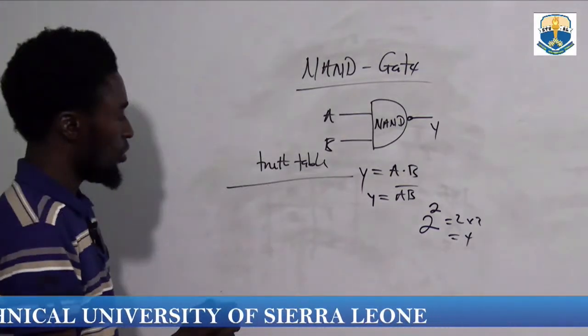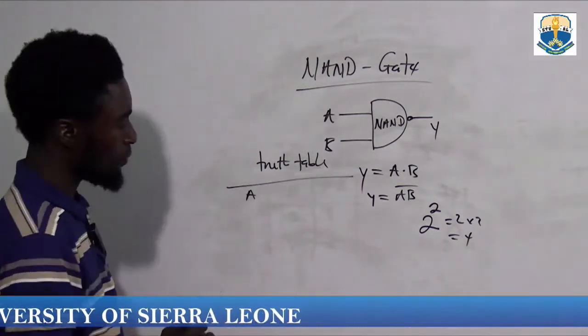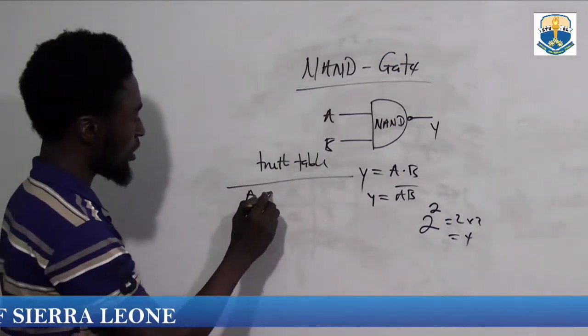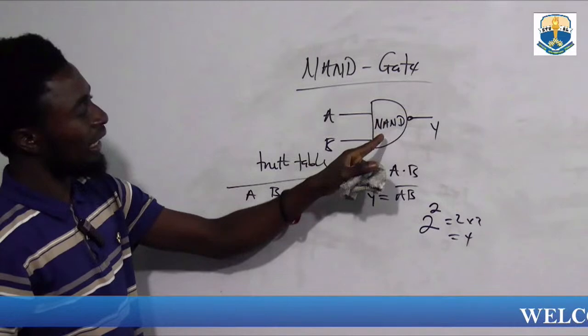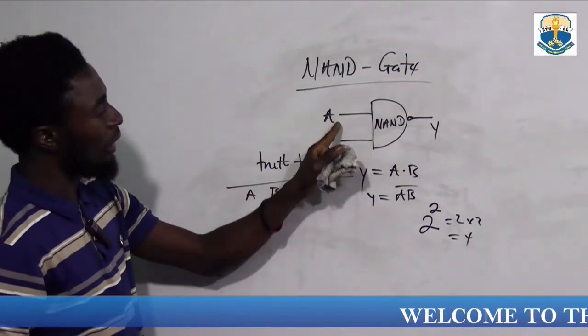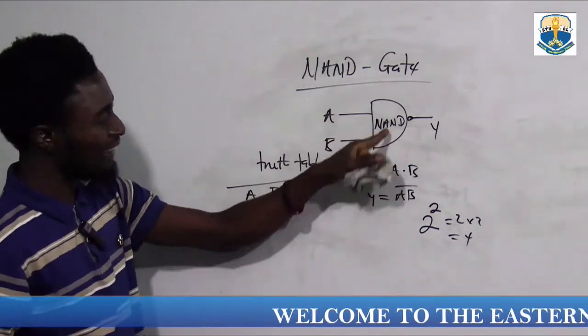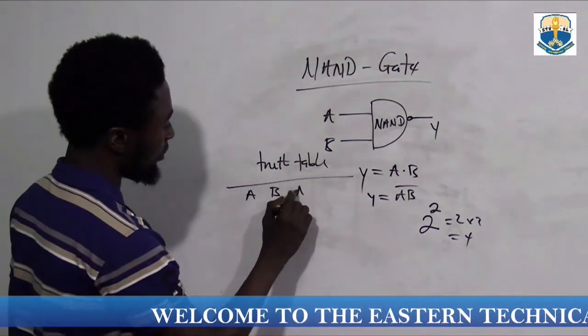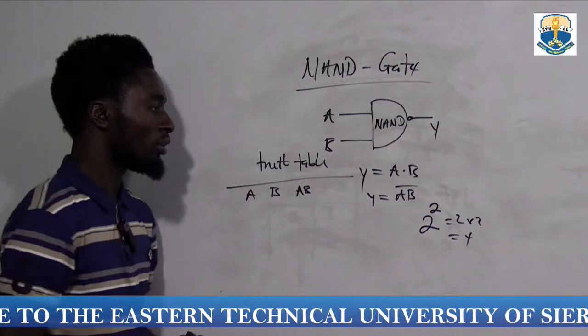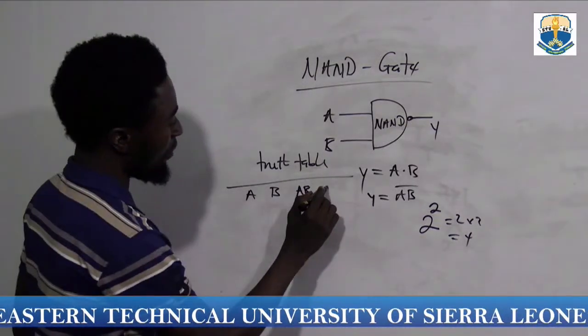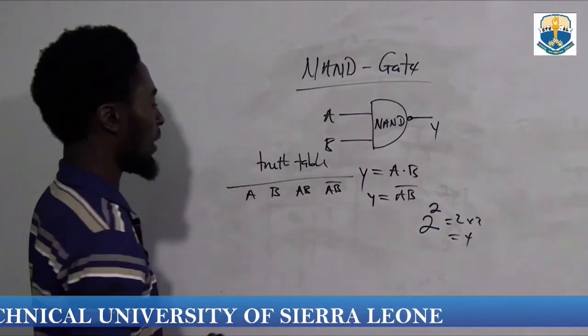So we say A for the first input, and we have B for the second input. Multiplying A and B, when A and B pass through the AND gate, we have AB. So when inverted, we have AB all bar.